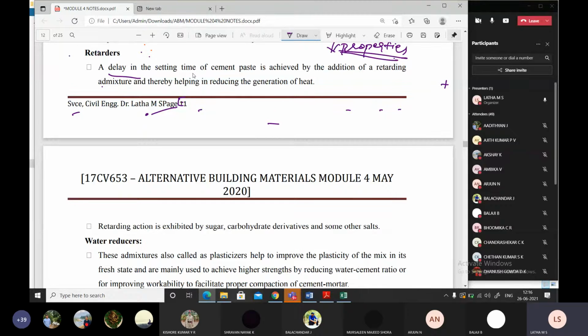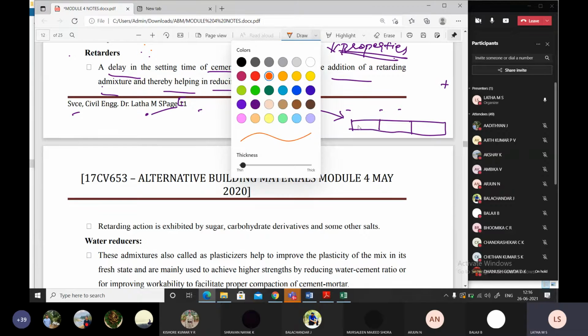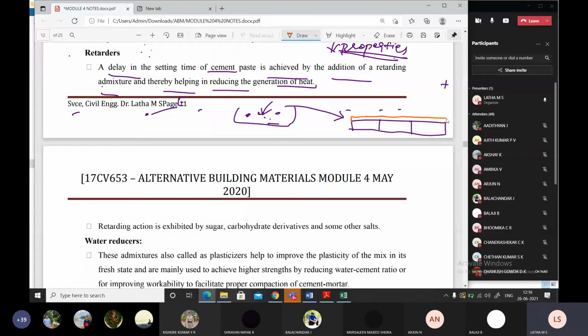A delay in the setting time of cement is achieved by the addition of a retarding admixture, thereby helping in reducing the generation of heat. Because when you make a concrete or mortar mix, students, immediately you will not be using this mortar. You have to take this mortar and put it in the place of construction of a brick masonry. You have a masonry here, you have a mixed mortar, and you have to place this mortar.